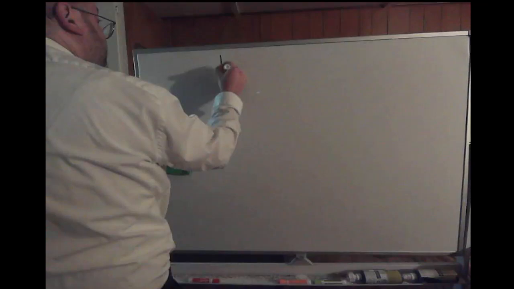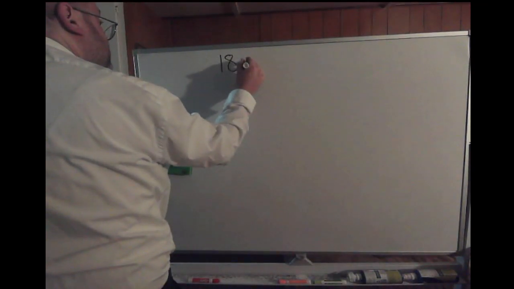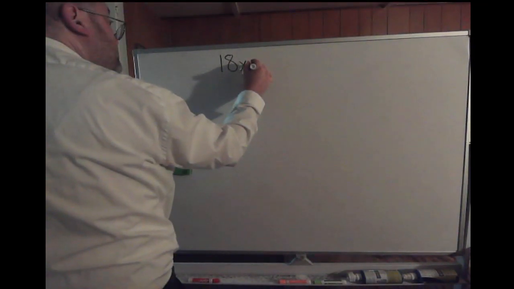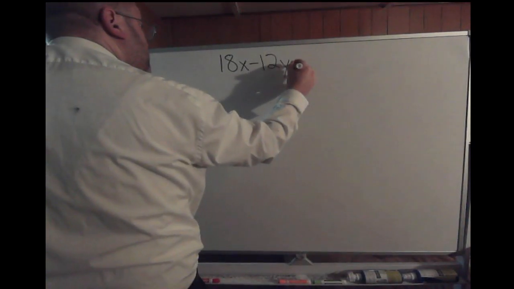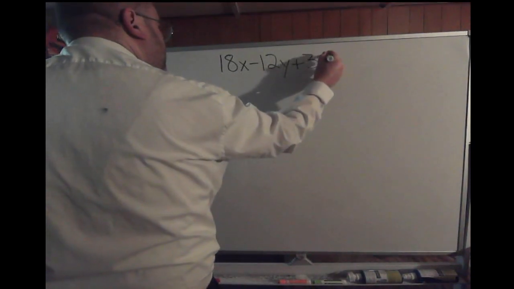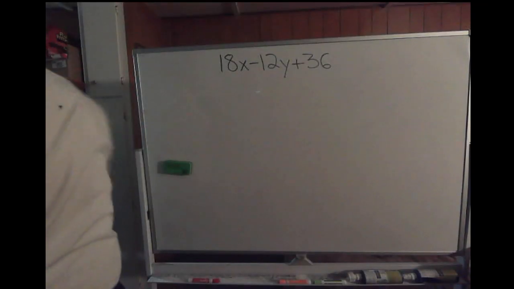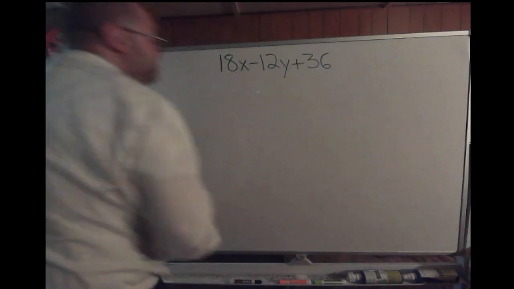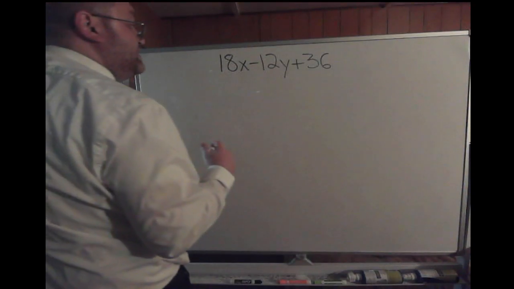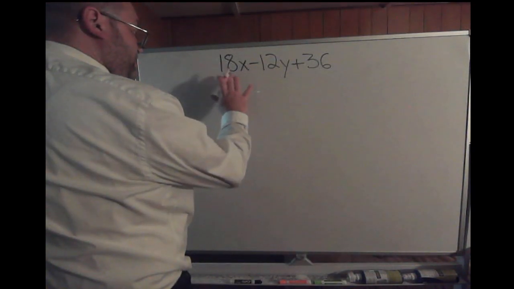We have 18x minus 12y plus 36. Alright, so we have 18x minus 12y plus 36. Look at your constant first.